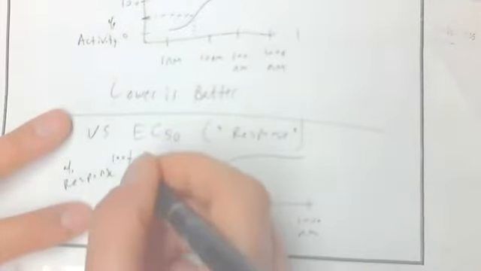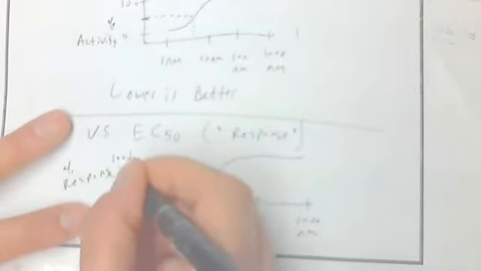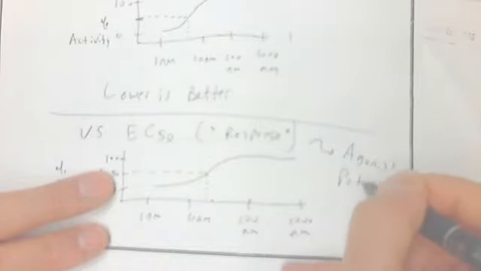The EC50 is the 50% point of that. Okay. And we often use this to measure agonist potency. Okay, so we talked about that stuff already. But there we go, there's a review of EC50 versus IC50.